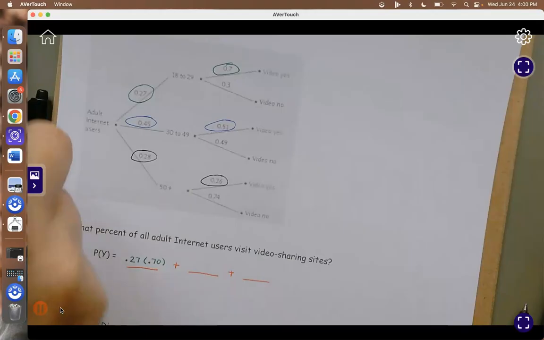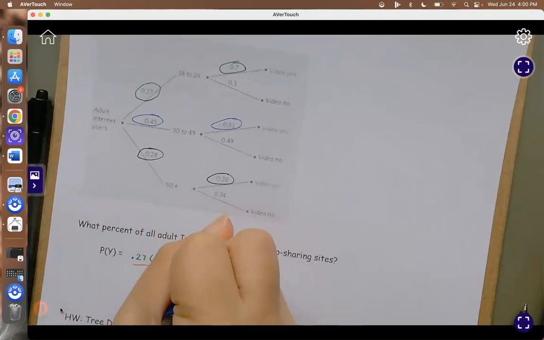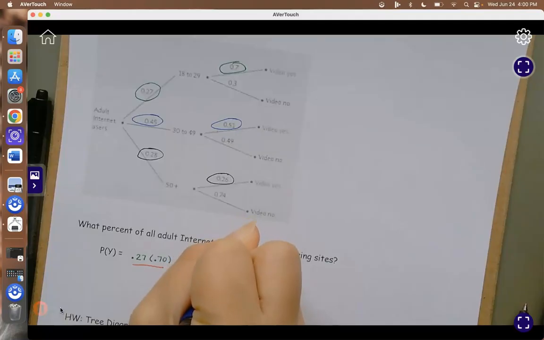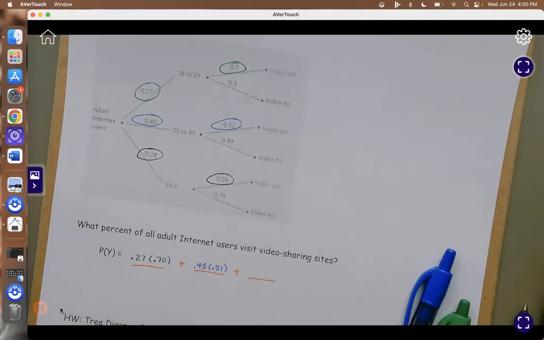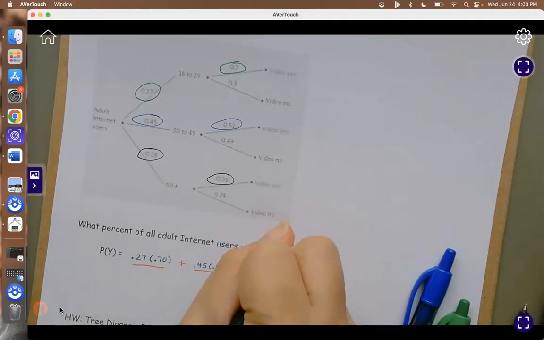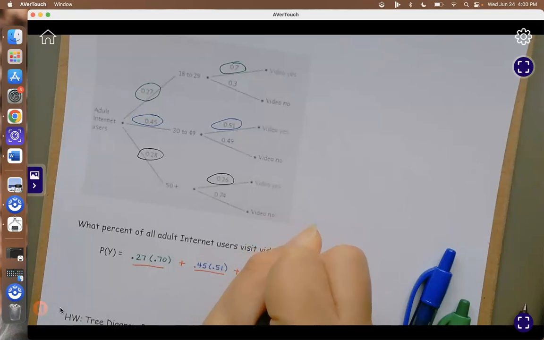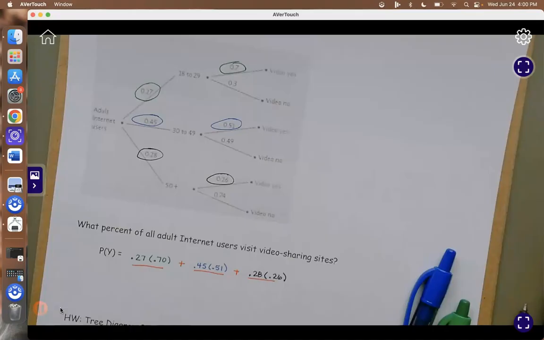Okay, so the next one would be 0.45 times 0.51. And then the next one would be 0.28 times 0.26. Okay, so we take our calculator.